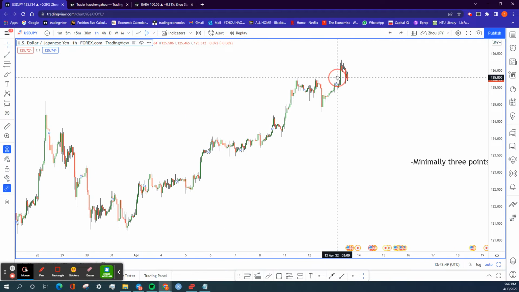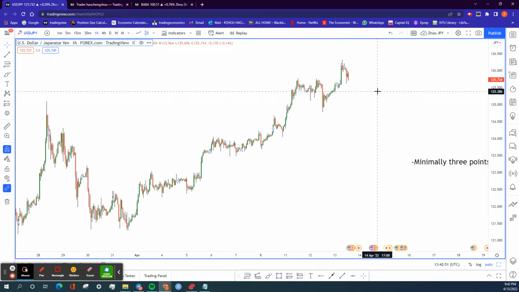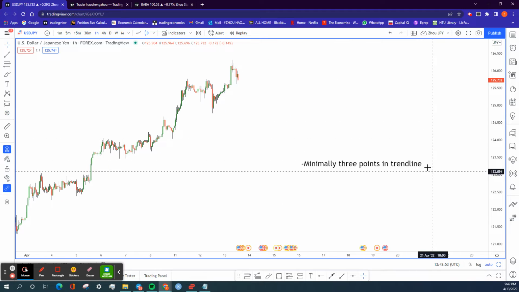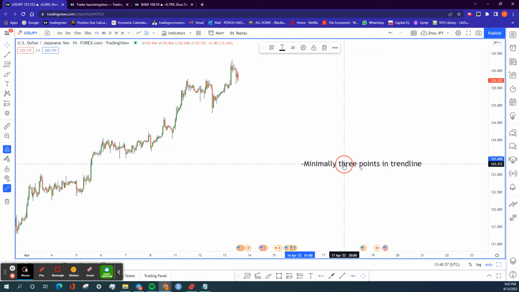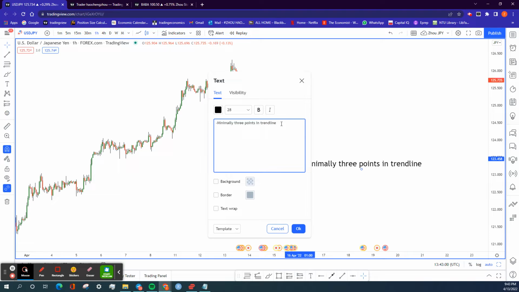All right, so now the next rule for trend lines, sorry, let me just type it here again. The second point should be that uptrend lines should be drawn from below, downtrend lines should be drawn from above.